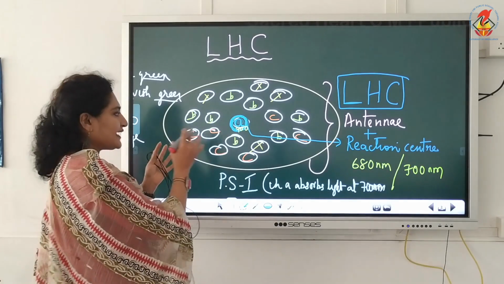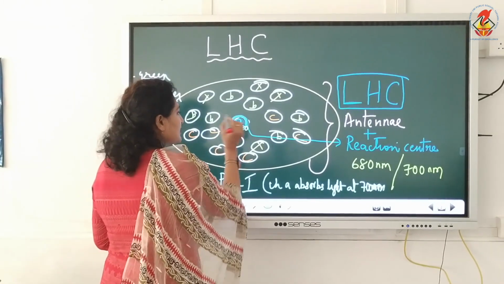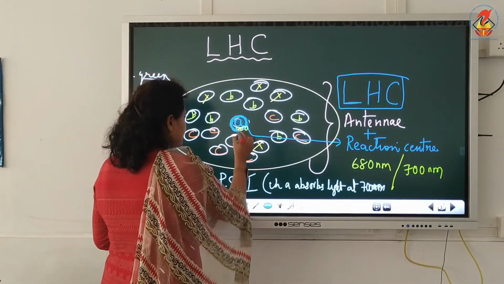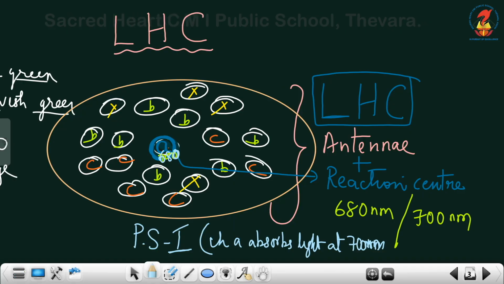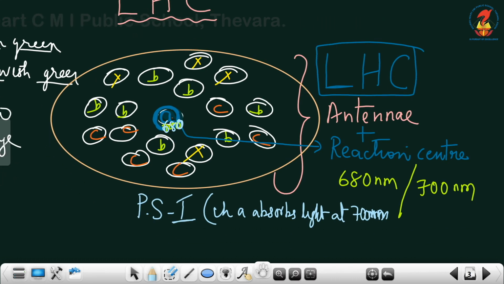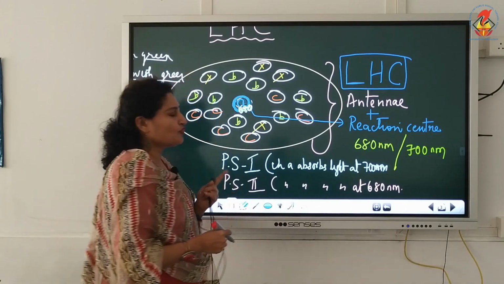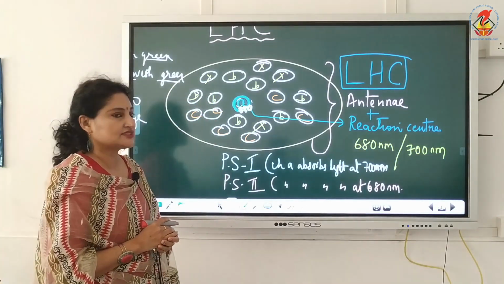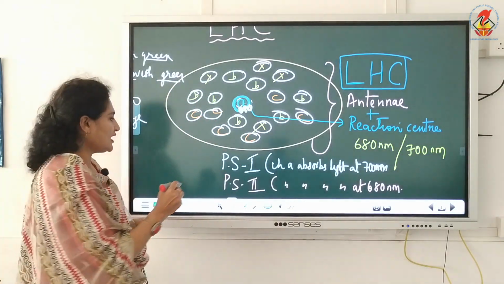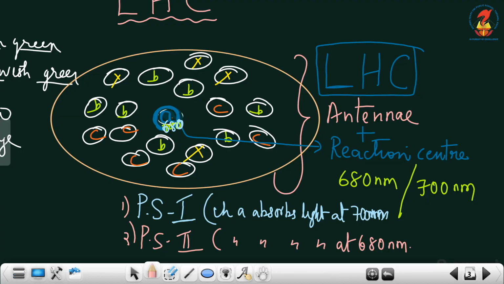But the very same structure, if the chlorophyll A absorbs light at 680 nanometers, I am rewriting over it, 680 nanometers, then it becomes another photosystem called photosystem 2. There the chlorophyll A absorbs light at 680 nanometers. So, we have two photosystems or two light harvesting complexes. They are PS1 and the second one is PS2.